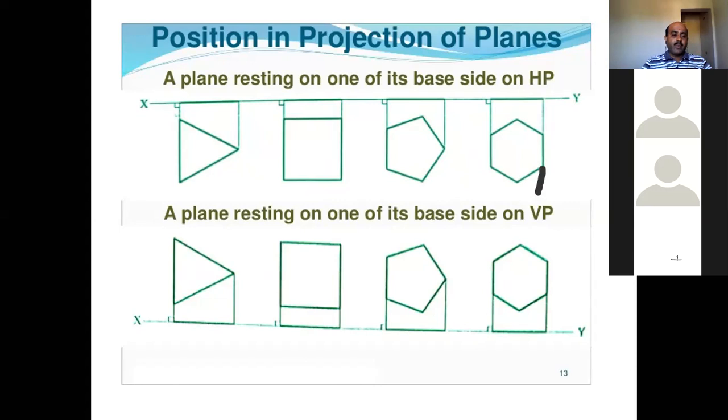Once we start doing it on a problem, the most important thing you should remember is the position of the lamina for HP and VP. Please everybody unmute yourself, and if you have any clarifications, please ask me.